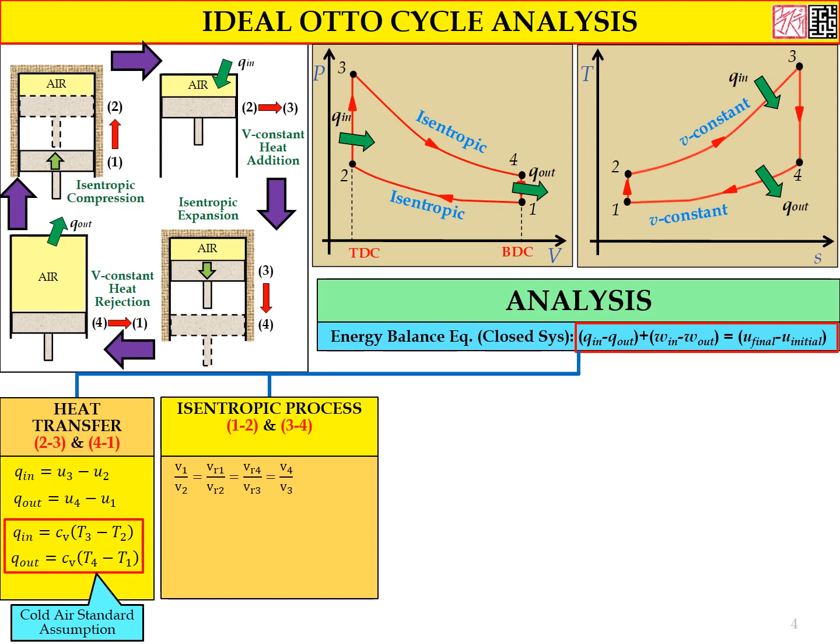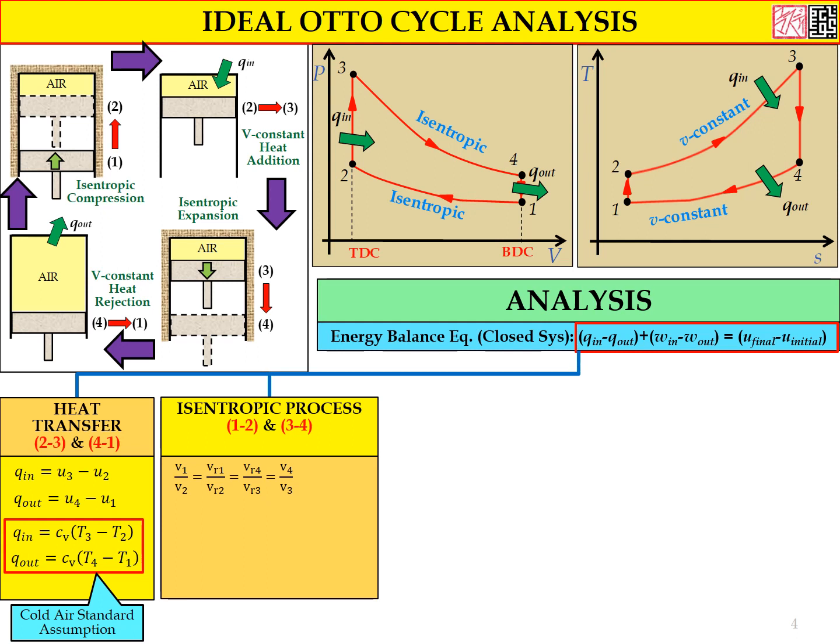Okay. So if you look at individual values, V1 is not equal to VR1. However, the ratio of V1 divided by V2 will be equal to VR1 divided by VR2.